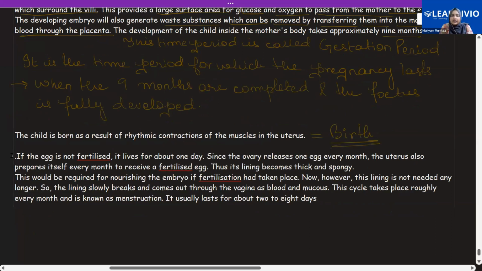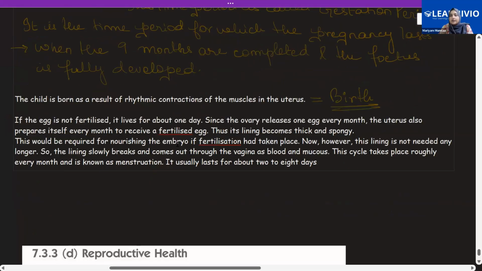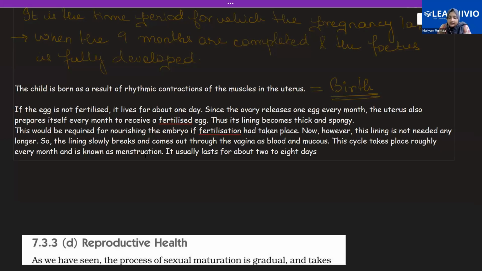Now, remember that, like I told you, every single month the egg is made, right? And it descends into the fallopian tube or the oviduct. Every single month, the egg that comes into the oviduct would wait for the sperm to come and fertilize.